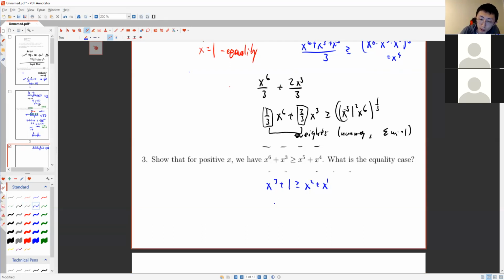So maybe one way we could do it is move everything to one side. This is always something you can do. And then what can we do with this expression? We're working backwards. Maybe we can factor. So we can factor out an x squared. Hopefully I made this problem up correctly.